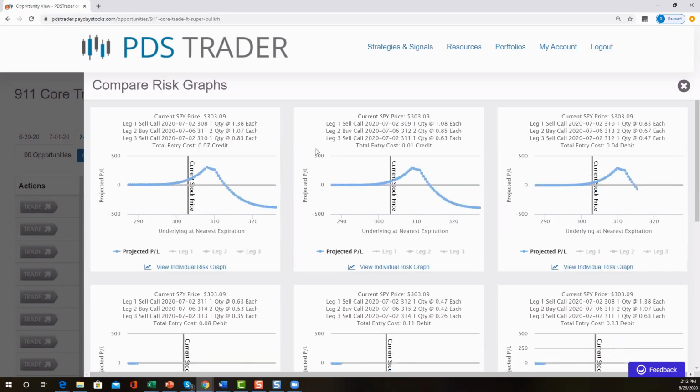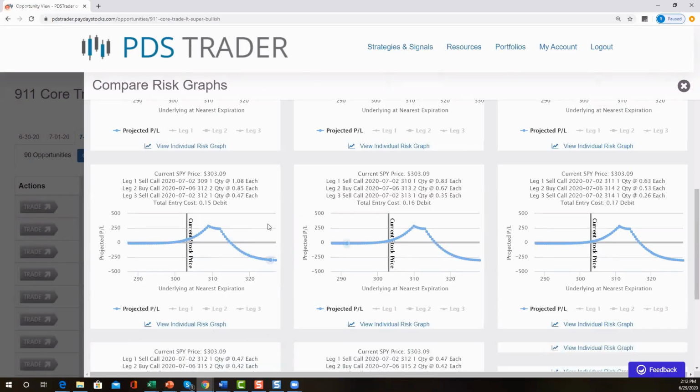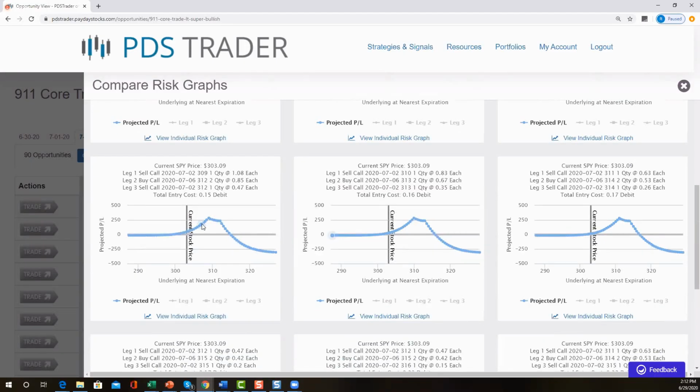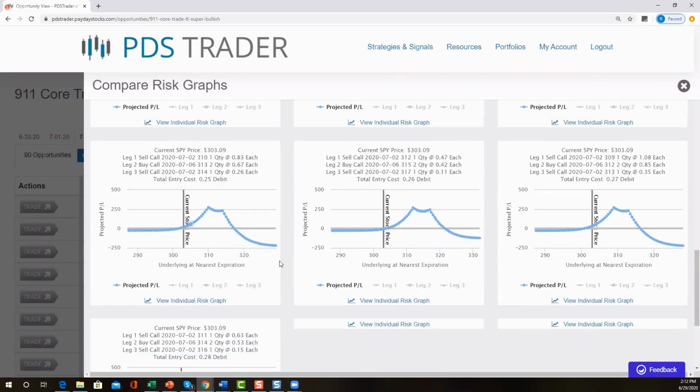So it's updating, and then we'll scroll down here. All right, so this is, again, the super bullish, 911 super bullish. I should probably just name all of these as TPO, which I will be doing before the seminar.